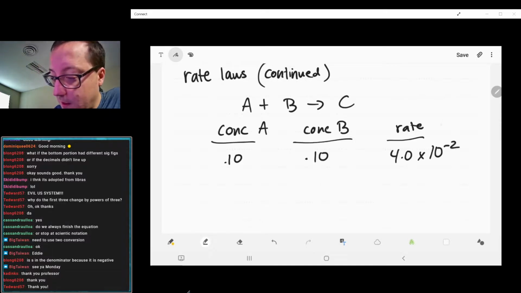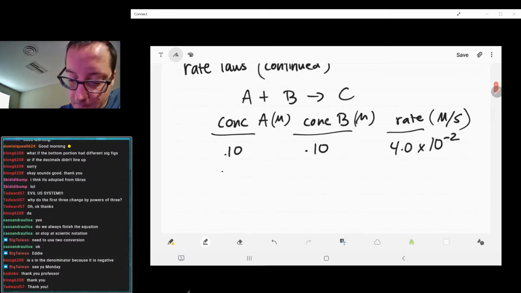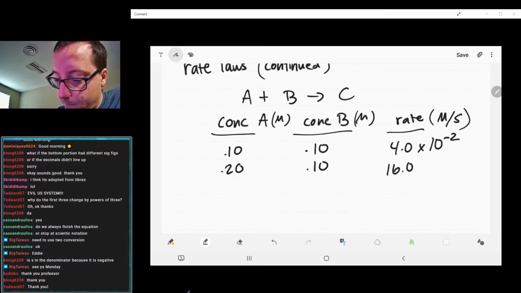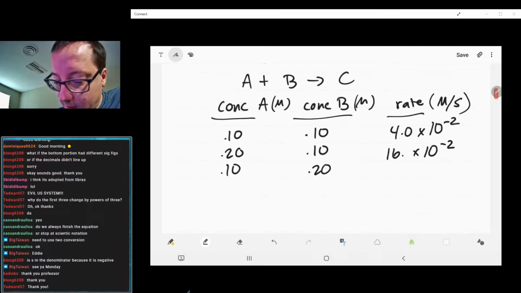And of course we'll have our units that are fairly standard. Let's not have that mess with our sig figs there. What is typically done is you'll vary the concentration of one of them at a time, and you'll see how that particular component affects the rate of the reaction.